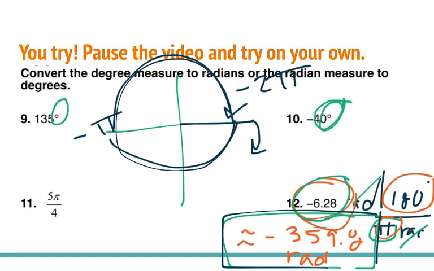The reason I didn't get exactly negative 360 degrees is because the decimal was not just negative 6.28. It was much longer, like negative 6.28318530, and it keeps going. Unless we had included all those decimals to begin with, that's the reason we're not getting exactly 360. Okay, cool example.